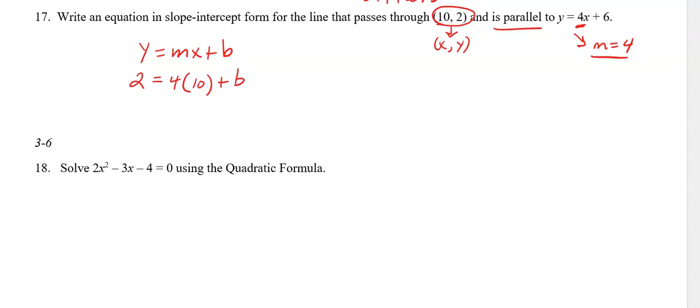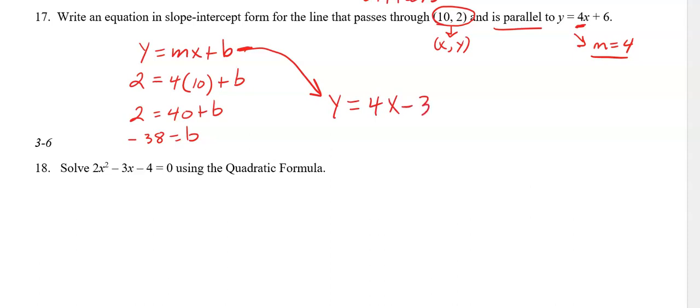Let's solve for b. So it looks like when I subtract 40 from both sides, b is negative 38. Okay, so now this was real generic. Now I'm going to get it specific to this particular problem to get my final answer. Just plug in m and b into the slope-intercept form, and you've got your answer.